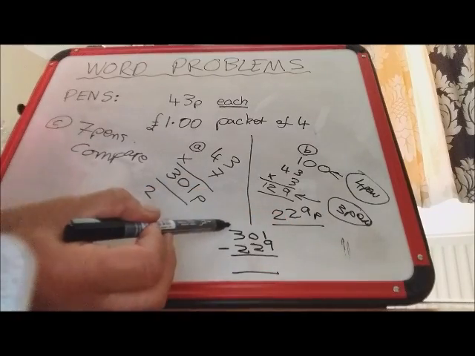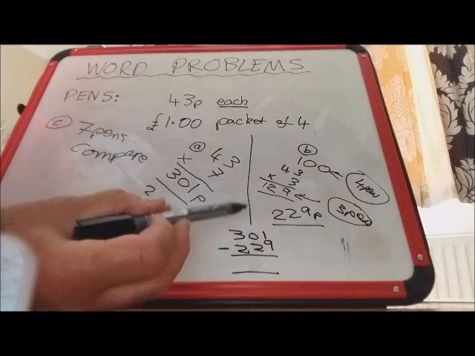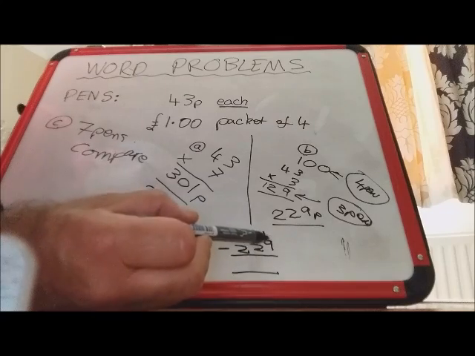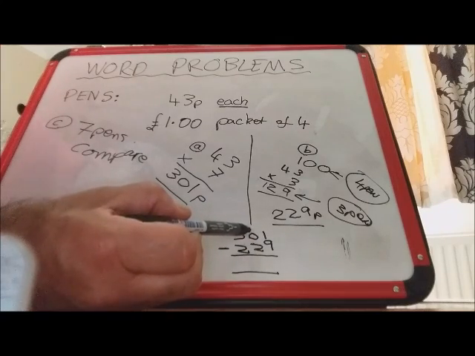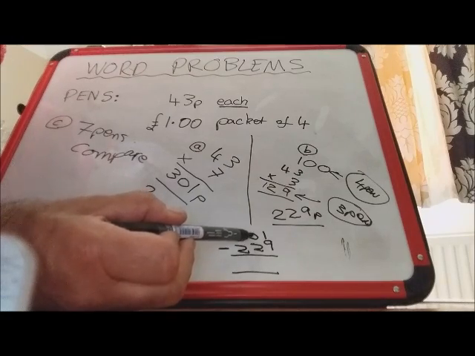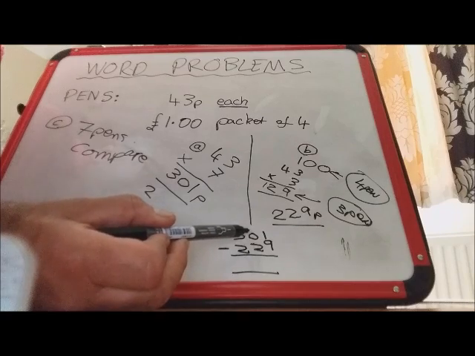So 301 for this method, 229 for this method over here. 1 take away 9 we cannot do, so we go to the next column to borrow, to decompose. That's a 0, so we can't decompose a 0 because nothing's happening.